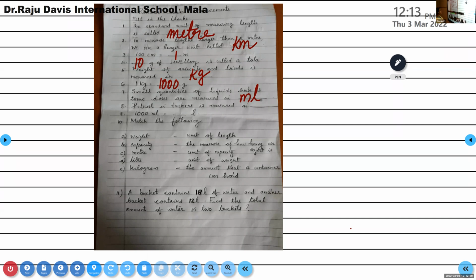Okay, 8th question. Petrol in tankers is measured in dash. Krishna Raj, petrol in tankers. Kiloliter. Yes, it is kiloliter.